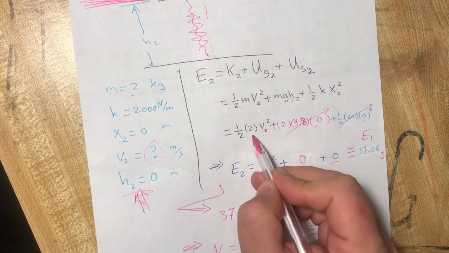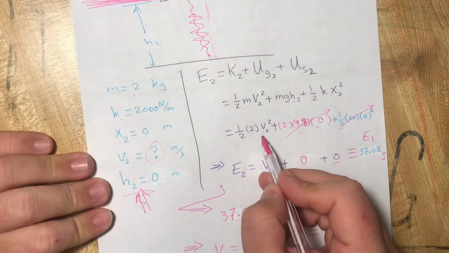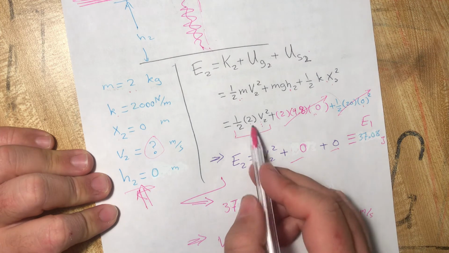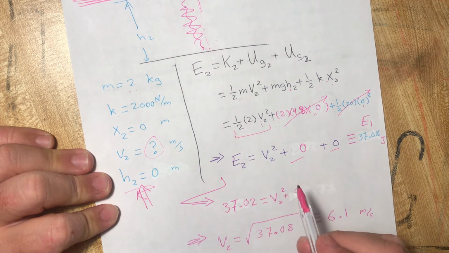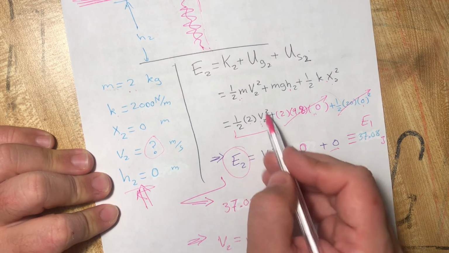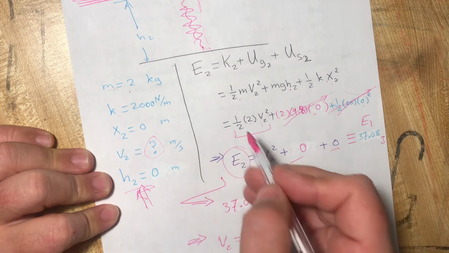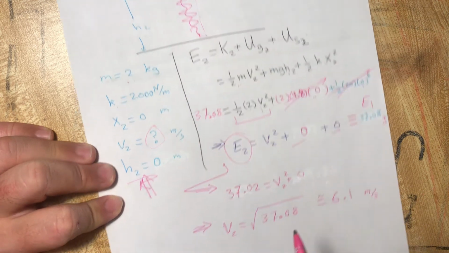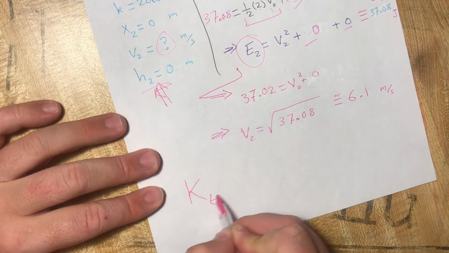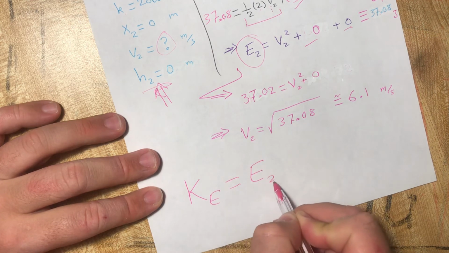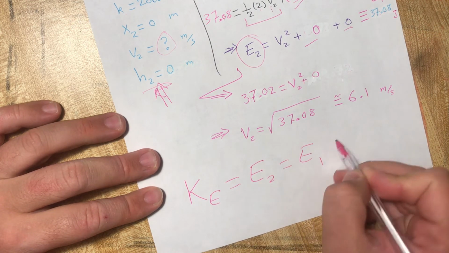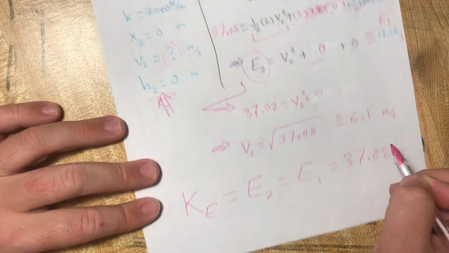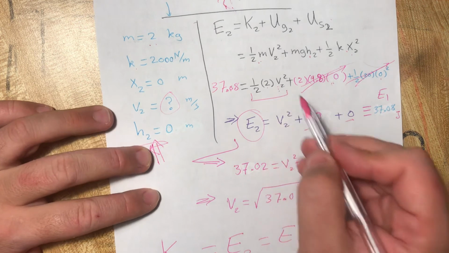And we have the kinetic energy. In this case, our kinetic energy is equal to mechanical energy because the other two terms are 0. Our mechanical energy is 37.08. So kinetic energy is equal to mechanical energy, which is constant, equal to 37.08 joules.